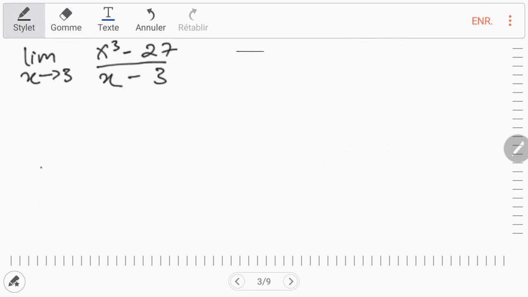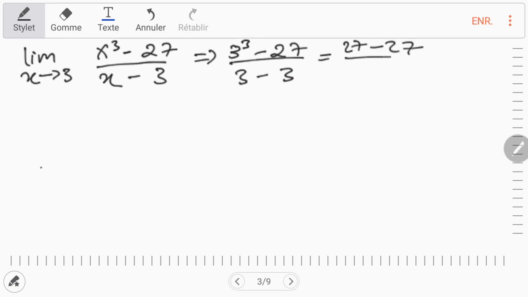Here, if we solve directly by substituting x equals 3, we obtain 3 cubed minus 27 all over 3 minus 3, which is 27 minus 27 all over 3 minus 3, 0 over 0, indeterminate.